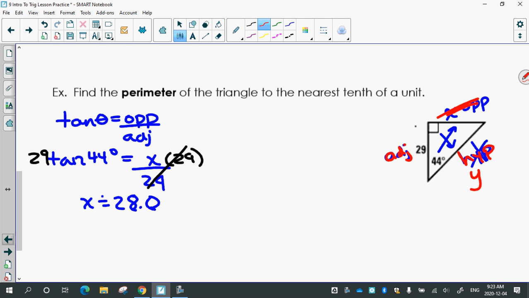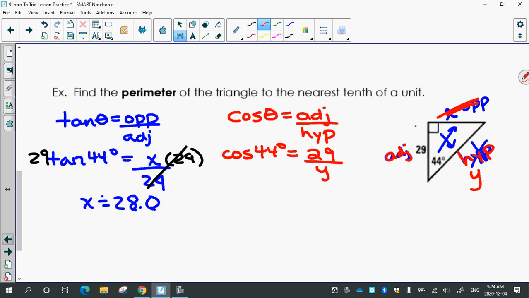Cos, because I crossed off opposite, so I've got adjacent and hypotenuse. So cos theta equals adjacent over hypotenuse. So cos 44 degrees equals adjacent is 29 over hypotenuse, which we call the y. So this is a little bit harder one where the variable's on the bottom.